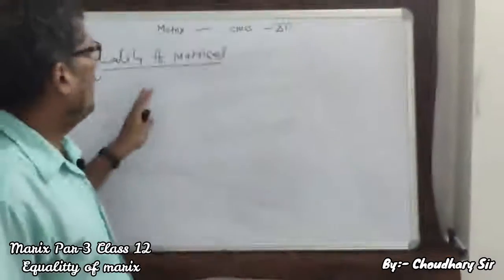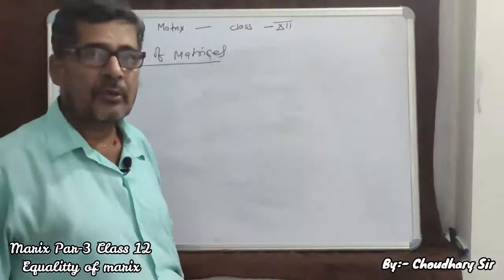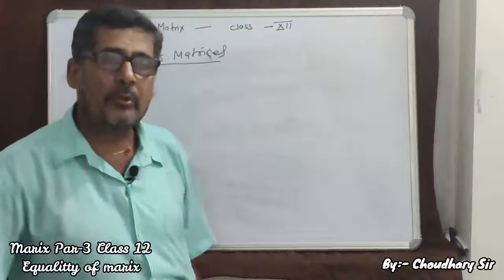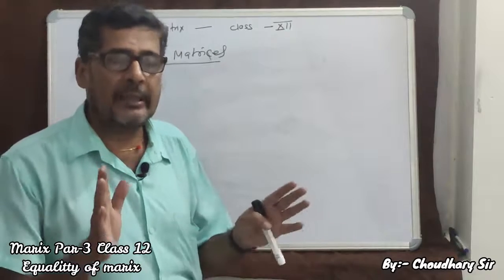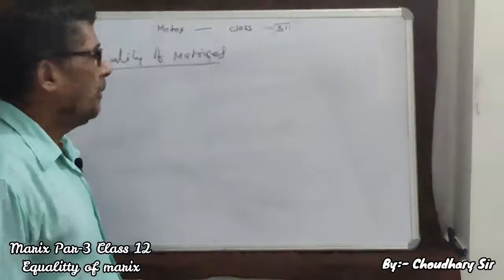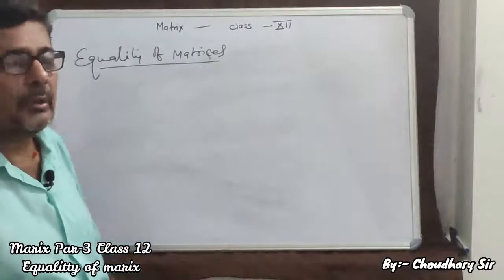Now today I am going to start equality of matrices. You know about the matrices, okay? How can you say two matrices are equal? There are some conditions for equality.